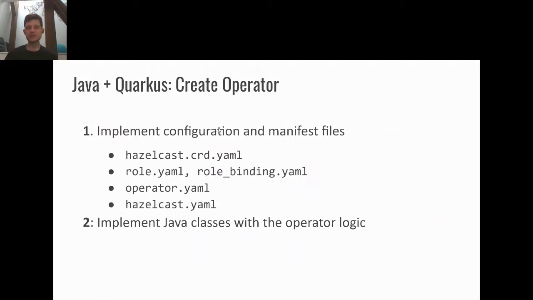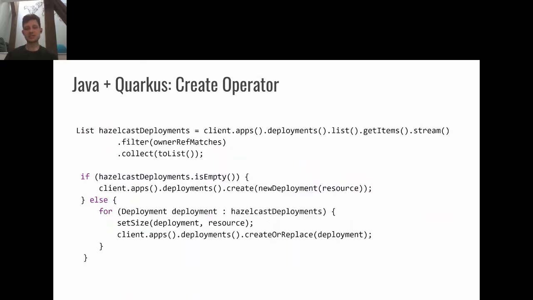You need to implement all the boilerplate code, all the boilerplate files, the same as with Python, because there is no scaffolding, no SDK to help you. And then you need to implement a lot of Java classes with the operator logic. How do the Java classes look? This is just a part of the code.